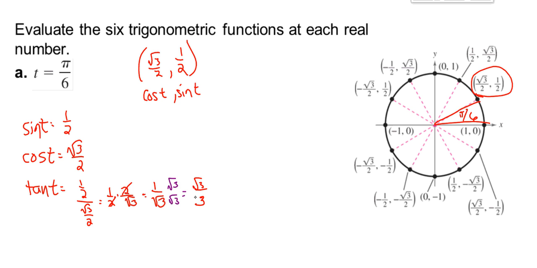So there's sine, cosine, and tangent, and I usually write cotangent, secant, and cosecant in reverse order. Do not forget to put that t or theta or whatever it is we happen to be using, because it is the sine of the angle as we go. And now we'll just invert all of those.